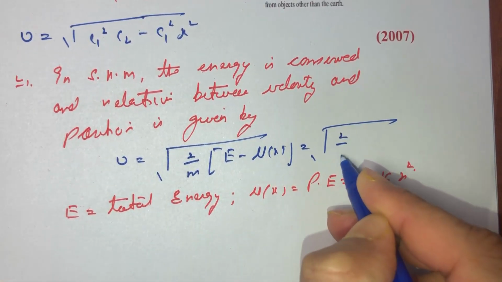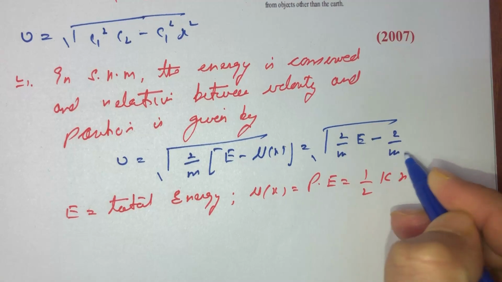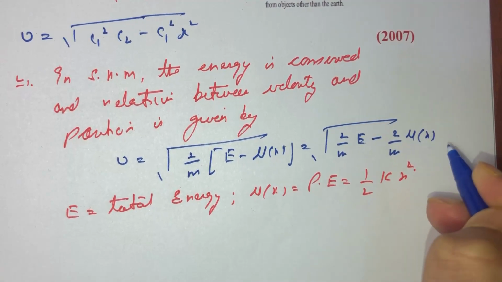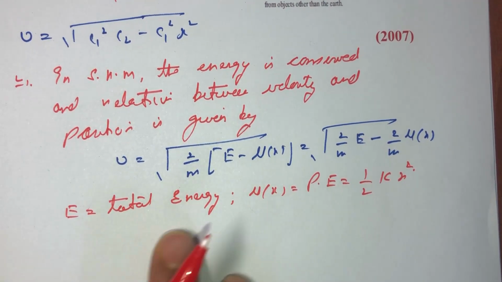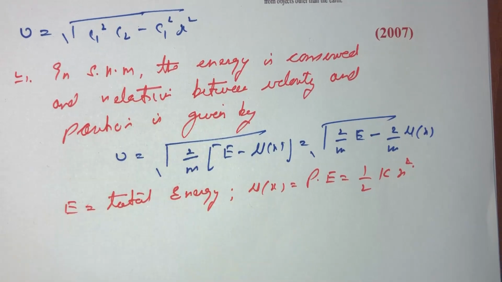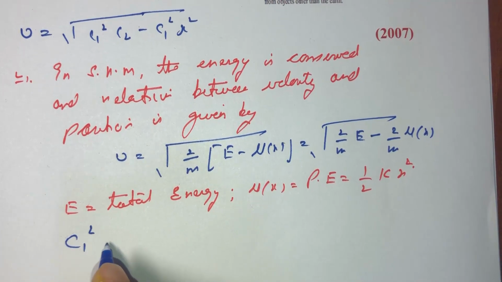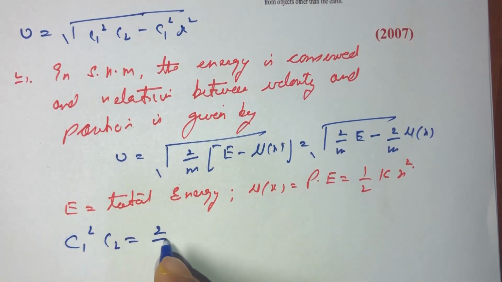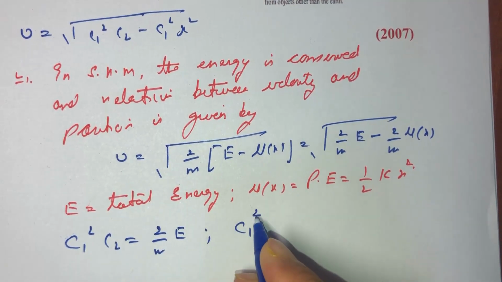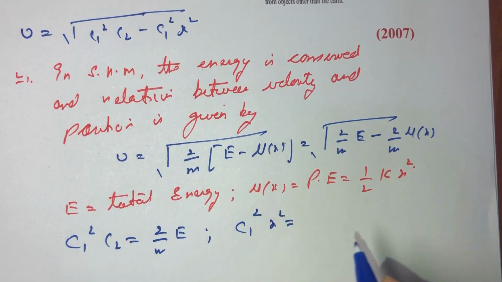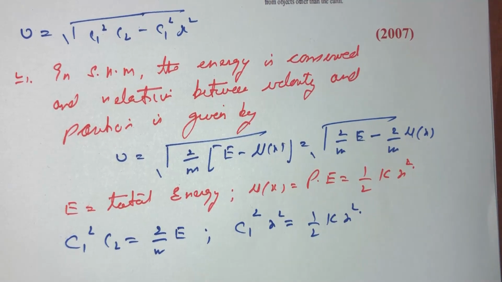So this becomes 2 upon m E minus 2 upon m U of x. So if we make a one-to-one comparison, we can say that C1 square C2 will be equal to 2 upon m multiplied by E, and C1 square x square will be equal to half k x square.